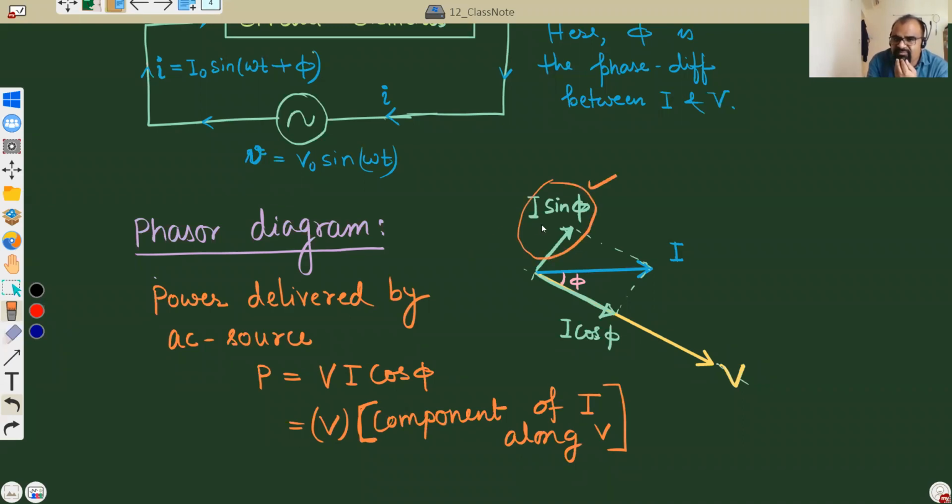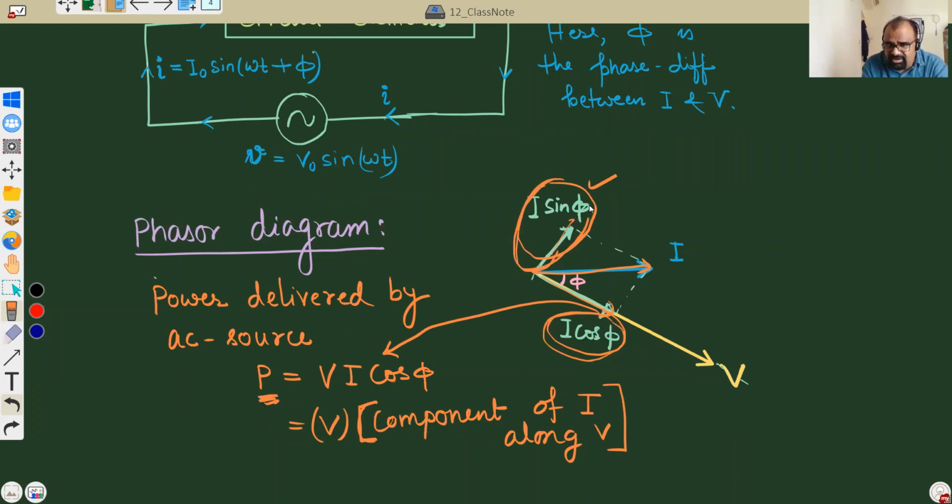Now, what about this other component? Is this component of current not responsible for power? The answer is yes. This was the current, and we resolved it into two components. This component of current is coming into the formula for power, so it is definitely responsible for the power.